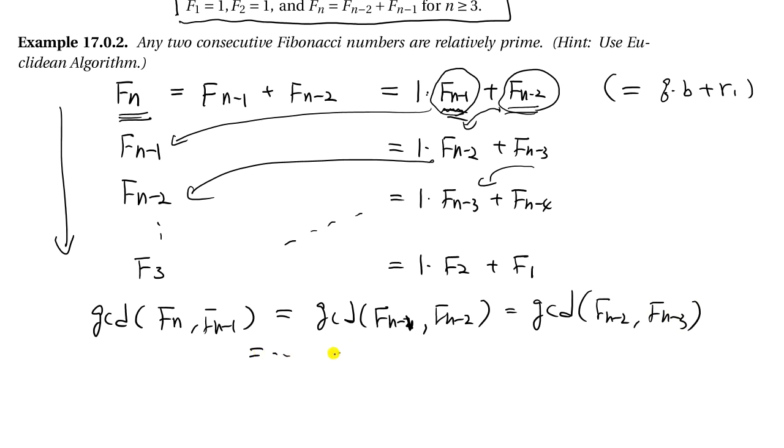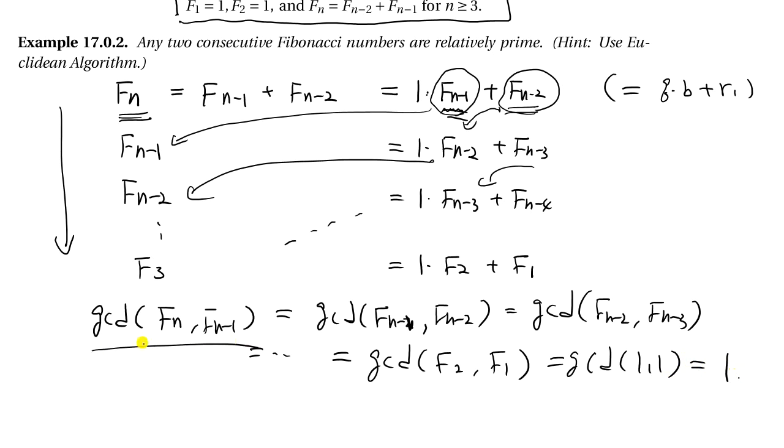And we can keep doing it. So at the end, this greatest common divisor must be equal to the greatest common divisor of F2 and F1, which is 1 and 1. So it should be 1.